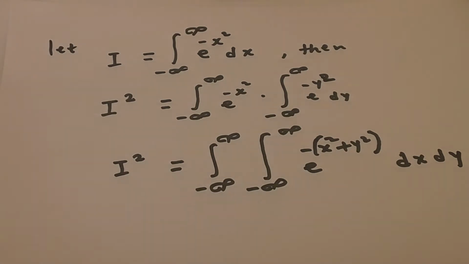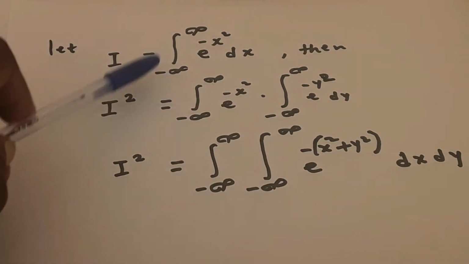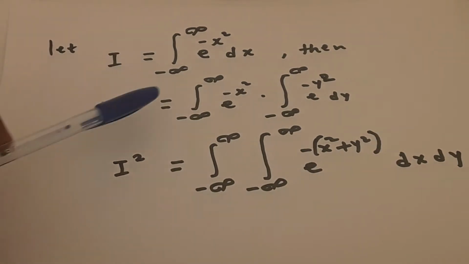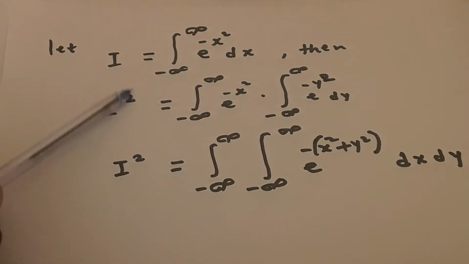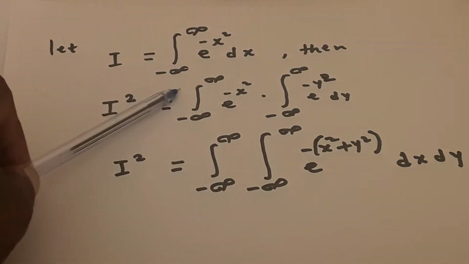This is the Gaussian function over the entire real line. Thus, there is no elementary indefinite integral. Had it been the indefinite integral, the function has no elementary antiderivative. But the definite integral of this can be calculated.